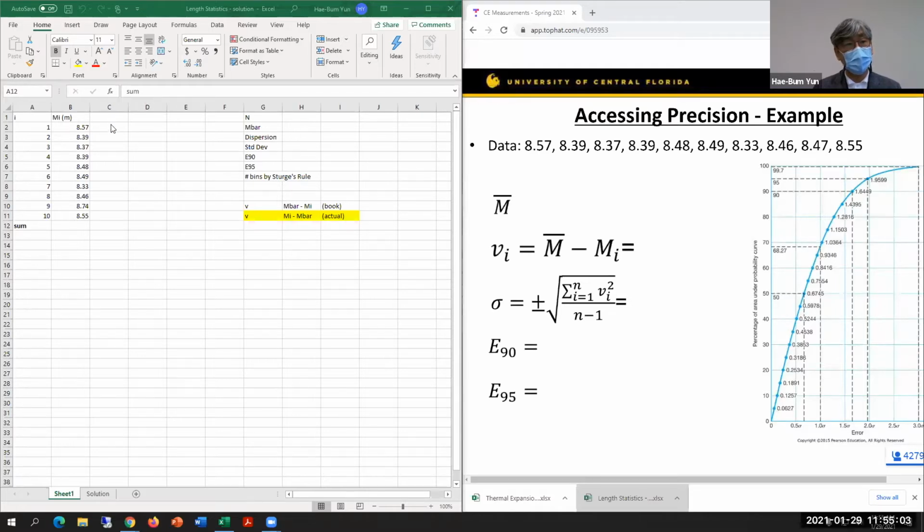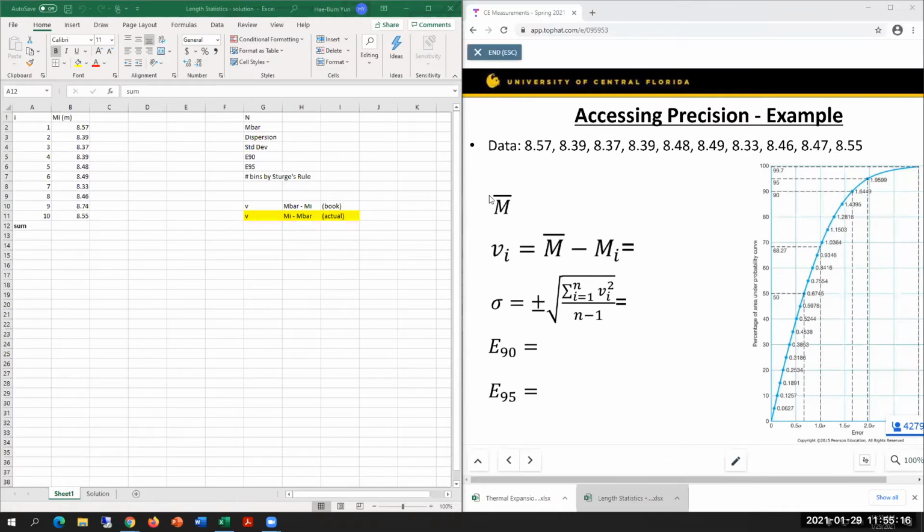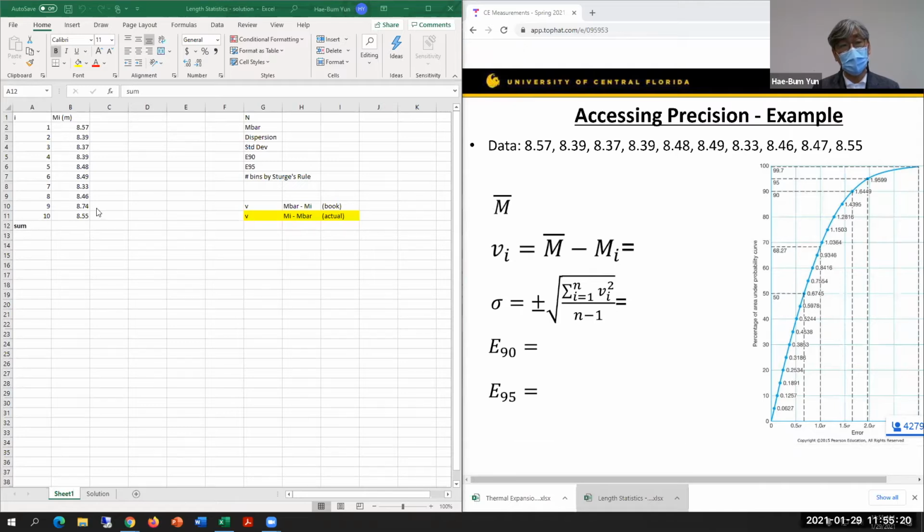Okay, then to calculate the sample mean, what should we do? Add those numbers, the Mi's. Yes, so then we need the sum of these observed values, right? So then to do that, do you guys see my screen, Excel?